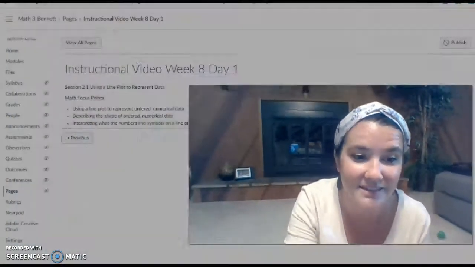But before we do, I do want to review our math focus points again. That way we saw it in the first video of explaining how to put data on a line plot. But now that you've had a chance to create your own line plot with Mrs. G's data and do that on your own, I want to make sure that we are focusing on the math focus points in the lesson here.